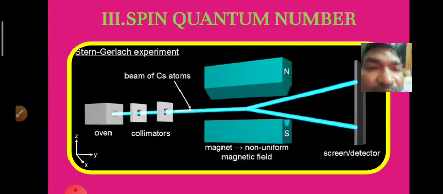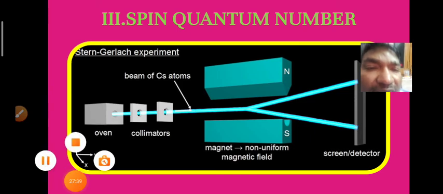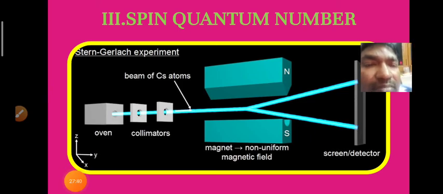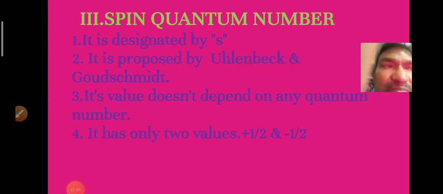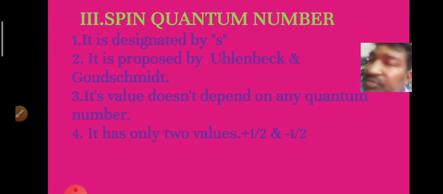Now we go to the spin quantum number. The spin quantum number is designated by s. It is proposed by Uhlenbeck and Goudsmit. The value of the spin quantum number does not depend on any other quantum number. It is an independent quantum number, whereas the other quantum numbers are dependent.